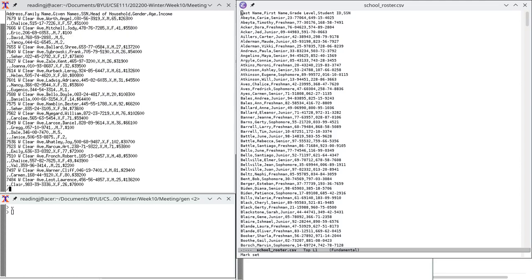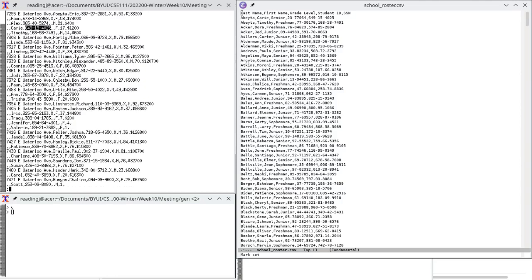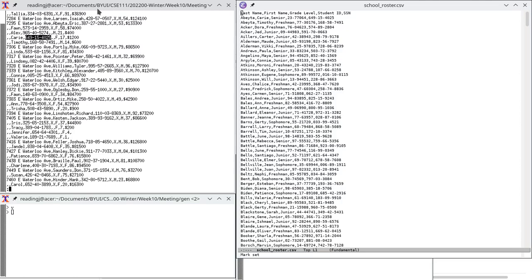Okay, so we're going to search for 649154025, and that takes us to this Abeta family, and we can see that we've got Carrie, and actually we can see Timothy is also right there. And so this is the correct family, and we could generate a letter for this family.